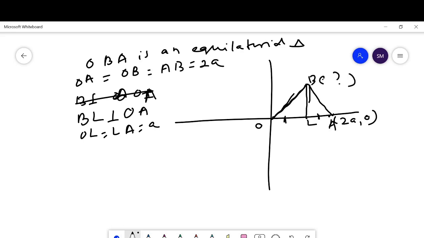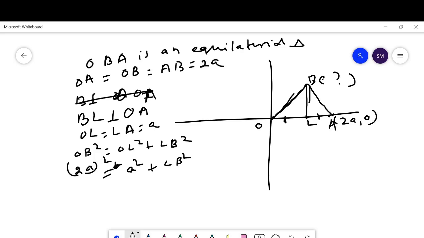Look at here. By applying Pythagoras theorem, OB square is equal to OL square plus LB square. OB is 2a whole square, which is equal to OL, which is a square, plus LB square. Then LB square is equal to 4a square minus a square, which is equal to 3a square.